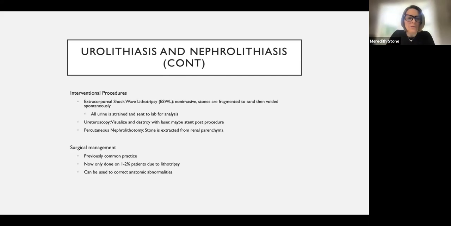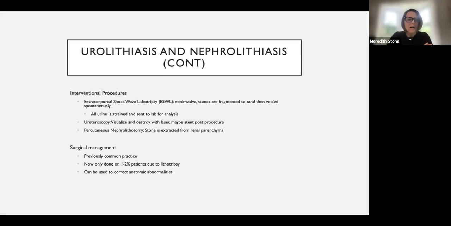And then if they want to actually extract the stone, then they can do percutaneous nephrolithotomy, with a big needle through the skin, right, where they go into the actual parenchyma, inside of the kidney, and pull the stone out.